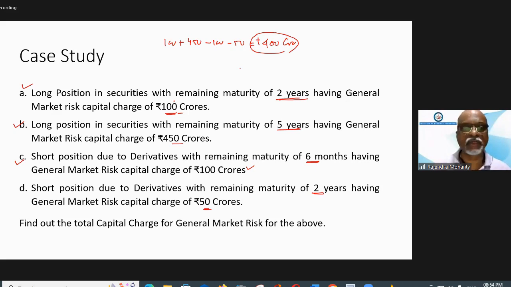First is 2 years, 5 years, 6 months, 2 years. First one is 2 years with 100. Second is 450 with a time period of 5 years.